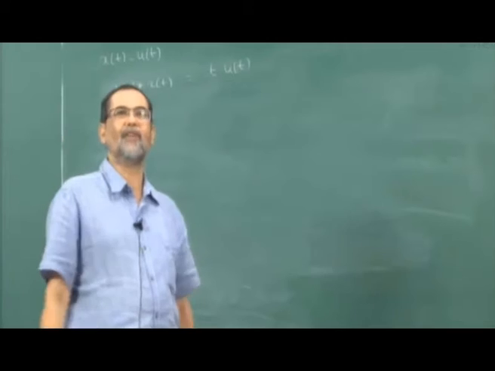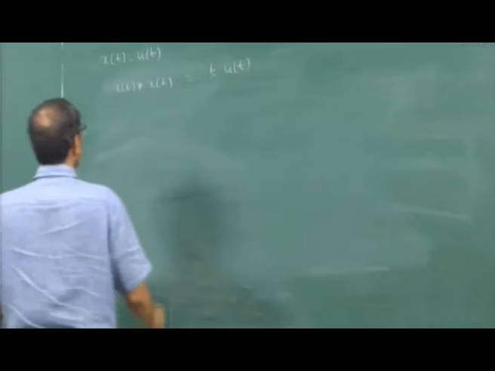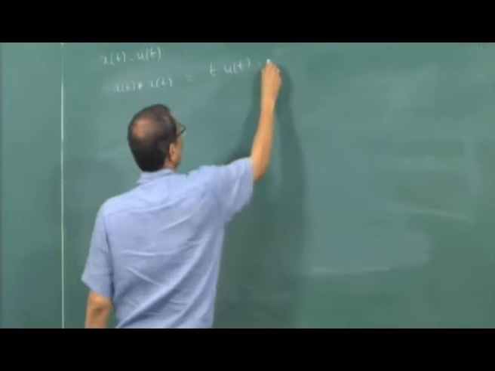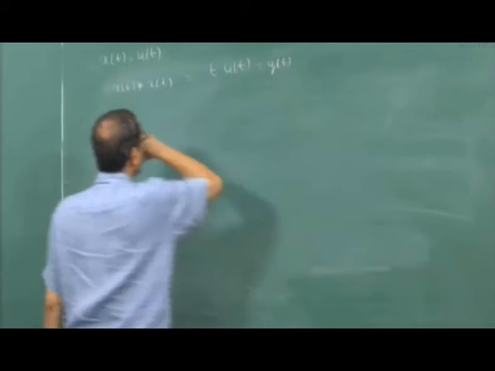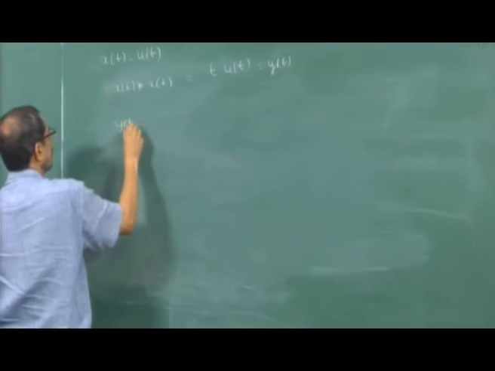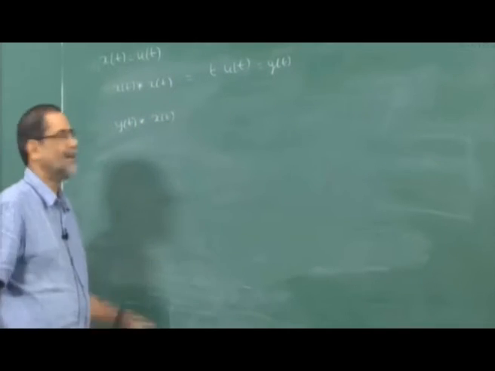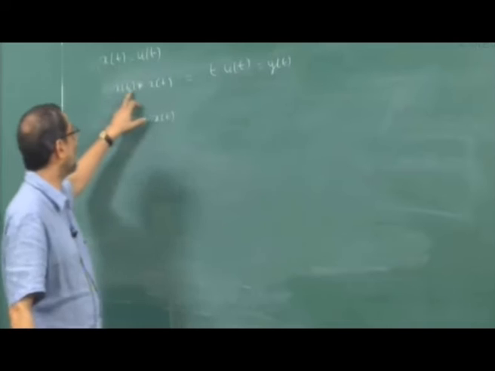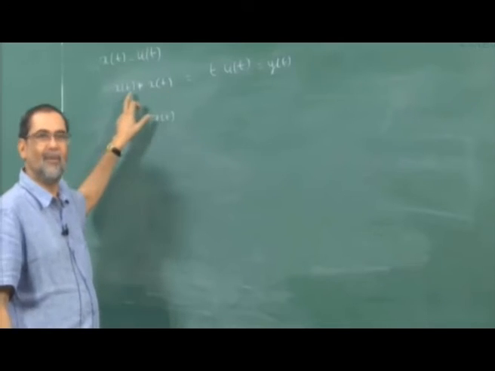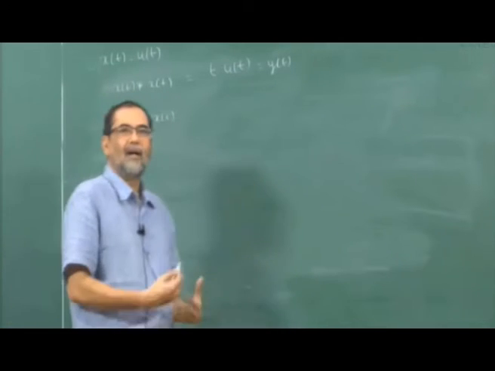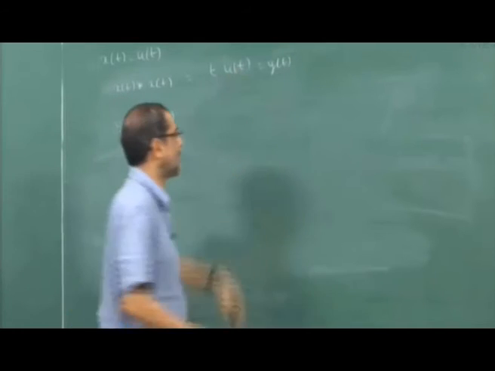Let's call this y of t. If you now continue this operation, and convolve y of t with x of t, where y of t I obtained by convolving unit step with unit step, the answer is t into u of t, which is ramp.